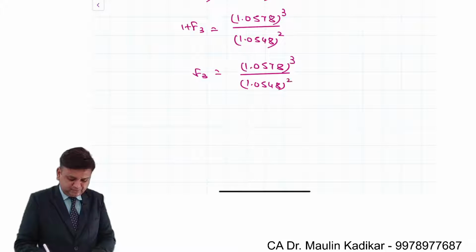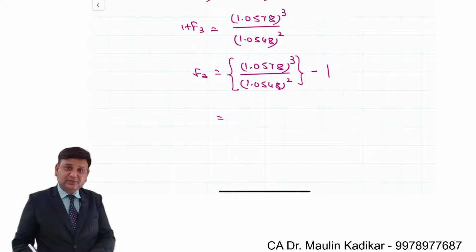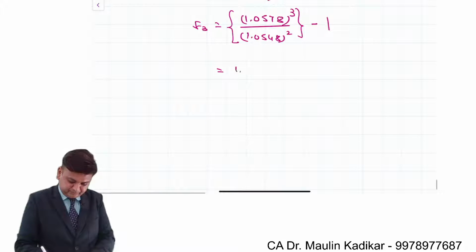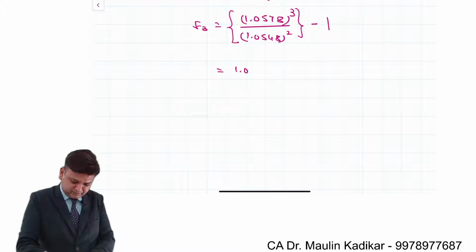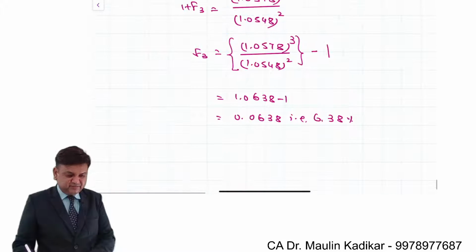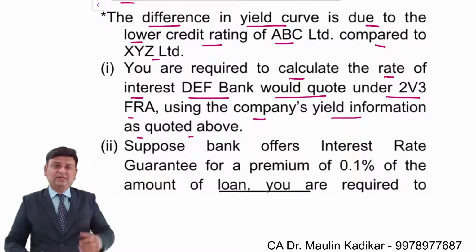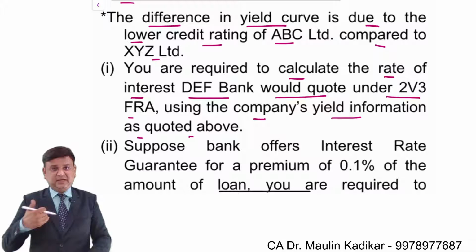Whatever the answer that we have, from that 1 would be deducted. So it is 0.0638, that is 6.38%. This is the way we make the calculation of answer. So this is the way the forward rate is provided to each of the company by the bank.